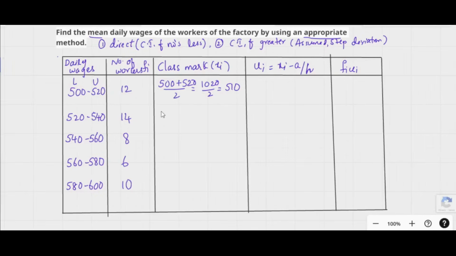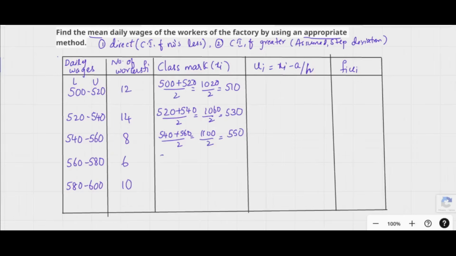Now let us solve for the other lower and upper limits. 520 plus 540 divided by 2, that is 1060 by 2, which equals 530. Next, 540 plus 560 is 1100, divided by 2 equals 550.